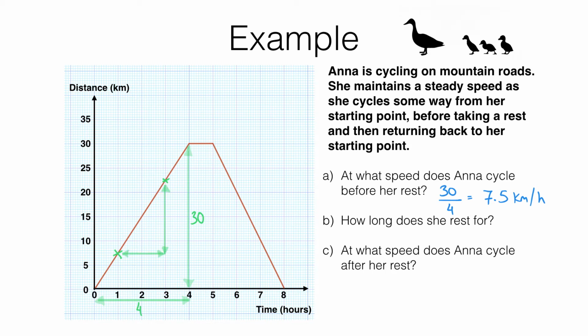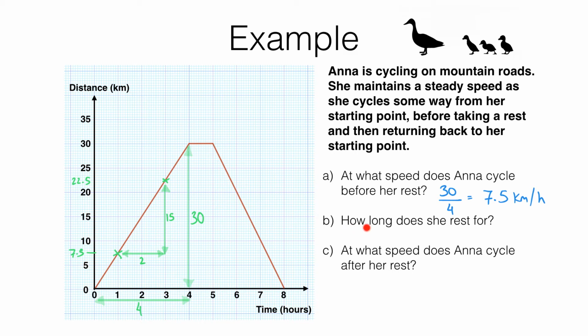This distance here is, well, the difference between 7.5 and 22.5. And that turns out to be 15. And this time taken is simply the difference between 1 and 3. So that's 2 hours. And you'll see if we work out 15 divided by 2, we still get 7.5. The key point is it doesn't matter how you find the gradient as long as you get the correct answer.